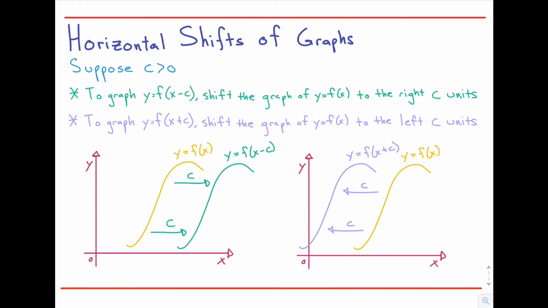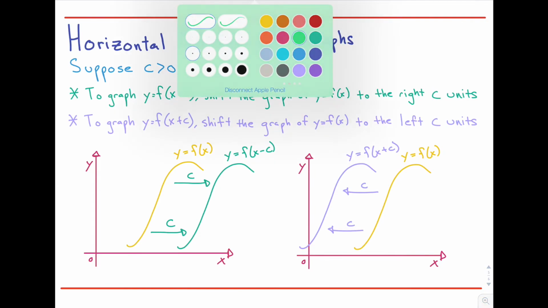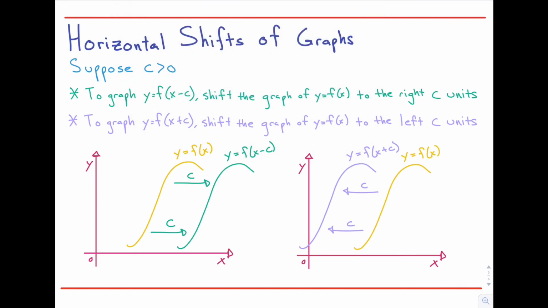minus negative c. That is to indicate, like, if x minus whatever is the standard form, and we can grab a positive c from that. If we see an x minus a negative, that should tell us that we're going in the negative direction. So let me just write that.